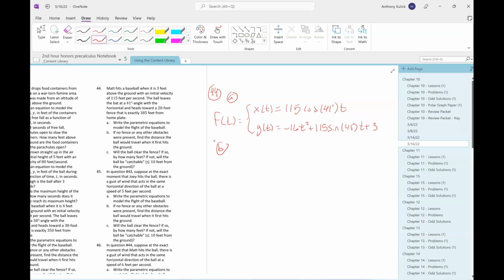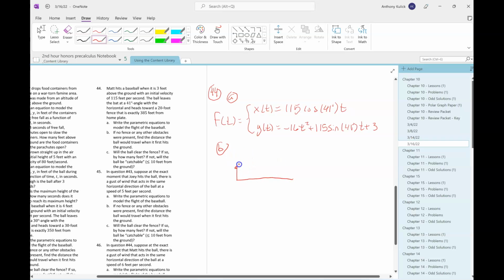Okay. Part B, if no fence or other obstacles were present, find the distance the ball would travel when it first hits the ground. So from a picture standpoint, here's the ball's initial height. And we're looking for this distance, right? That's an x coordinate. What's the y coordinate of the ball when it's at 0?